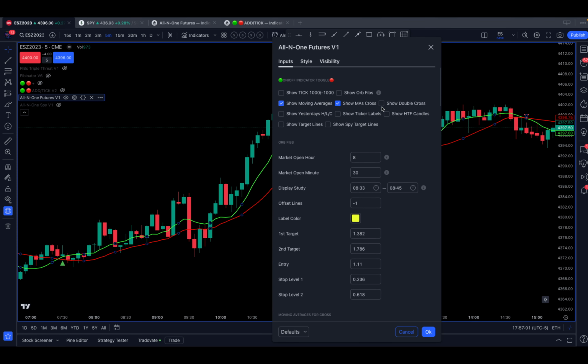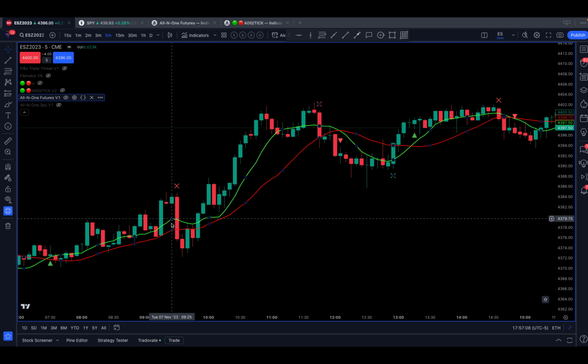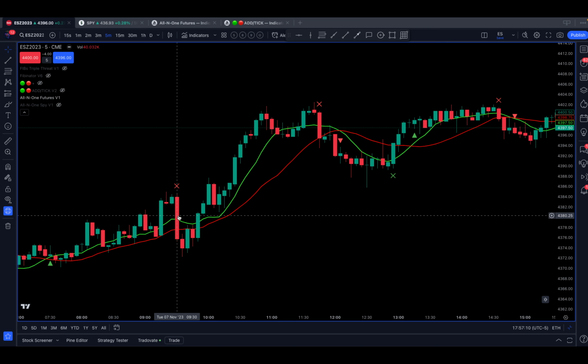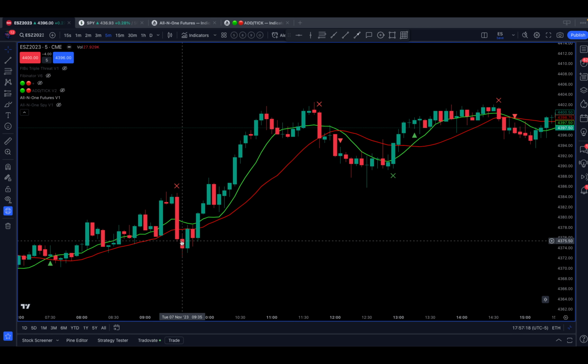And if you want to see a double cross, it'll show you the double cross with an X. So currently the 9's above the 20 and the candle's above the 9. It pushes down, crosses over both the 9 and the 20 and closes below the 20.